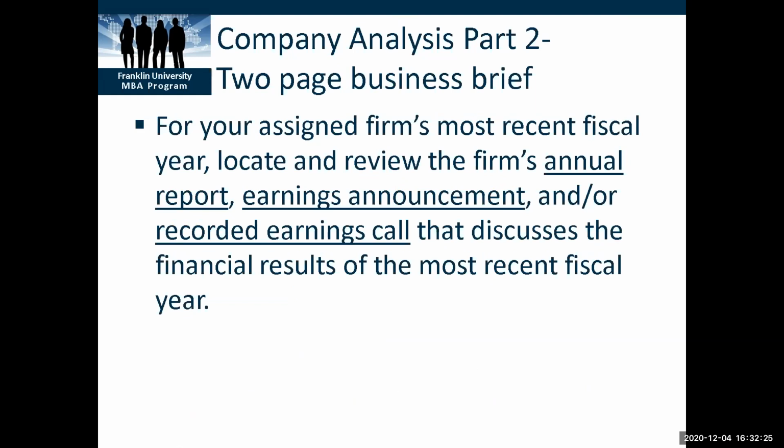If you go to apple.com and go to financials, you can find the annual reports, the earnings announcements, and recorded earnings calls. Sometimes finance search engines such as Google Finance or Yahoo Finance also have the earnings announcements or recorded earnings calls. Those are the places you can go to find this information before you start to write part 2, the business brief.